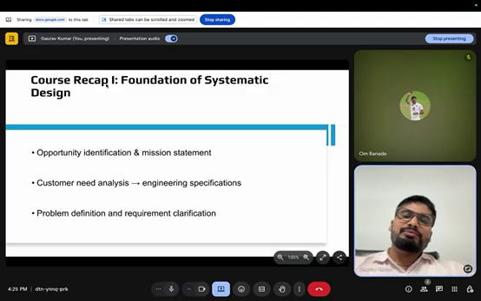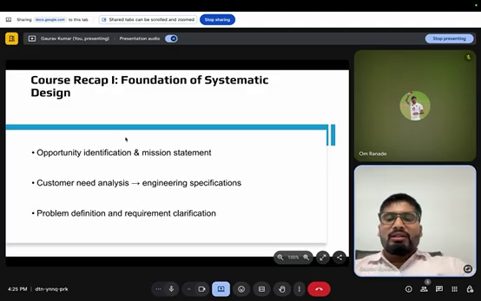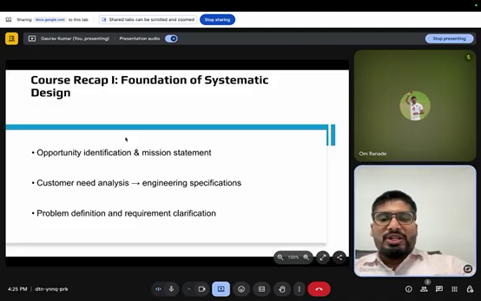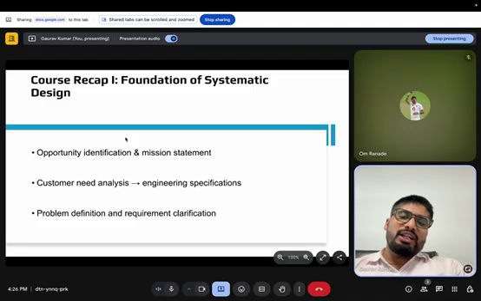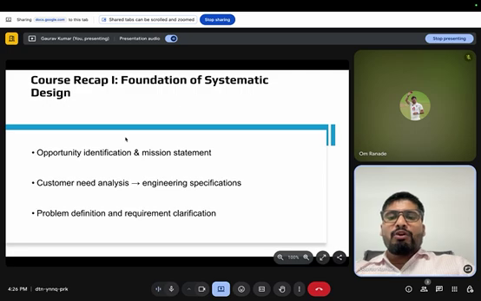Now next, the first phase of the course established the foundation of systematic design thinking, and it began with opportunity identification and formulation of a clear mission statement, defining what problem the design intends to solve and for whom.